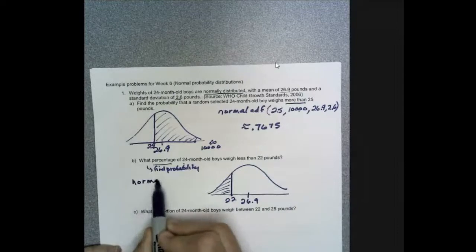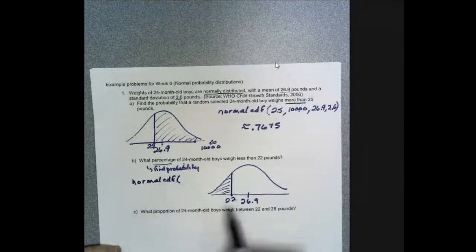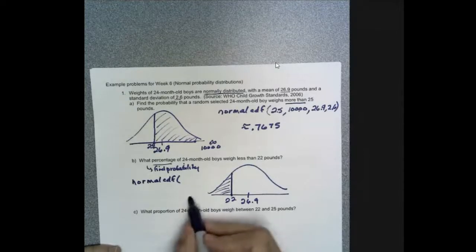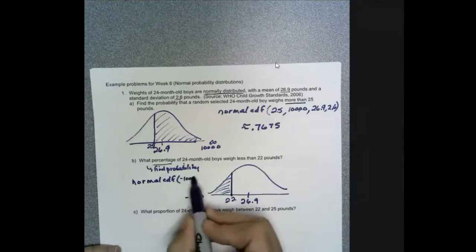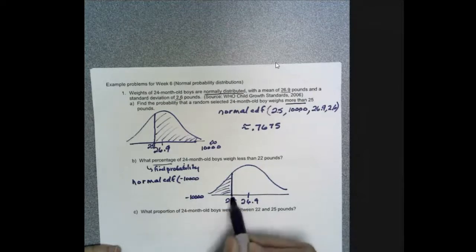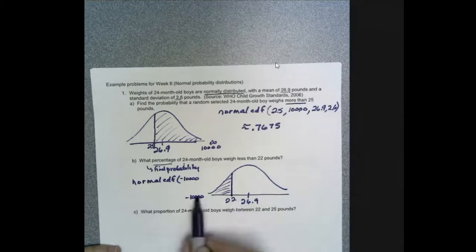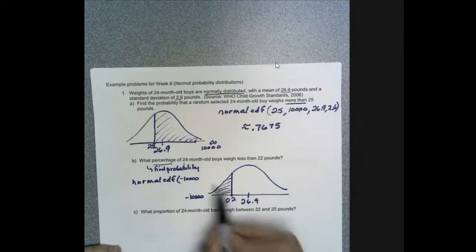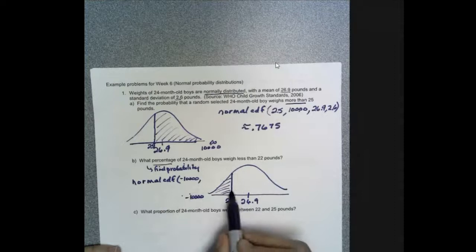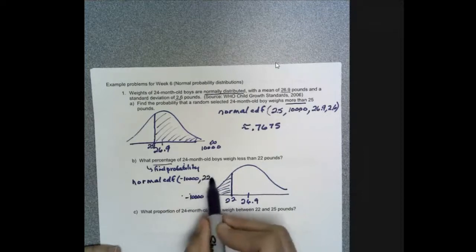So I'm going to use my normal CDF. My lower bound, this time I don't really have a number for my lower bound, so I'm just going to use a big negative number. So I'm going to use negative 10,000. My upper bound is going to be 22. So I'm just looking at where I shaded in and putting the left end and the right end of that.